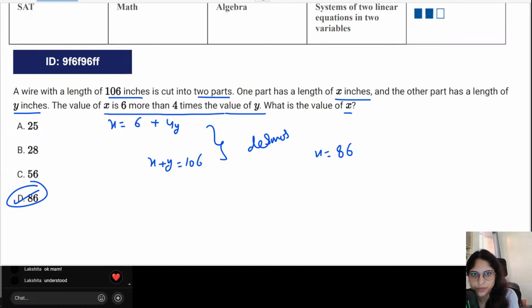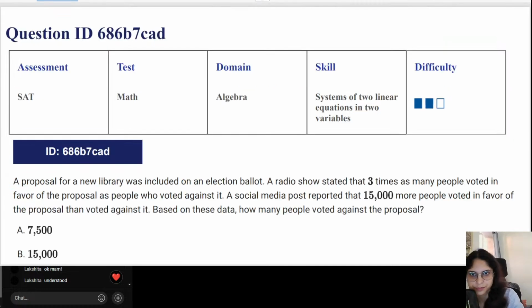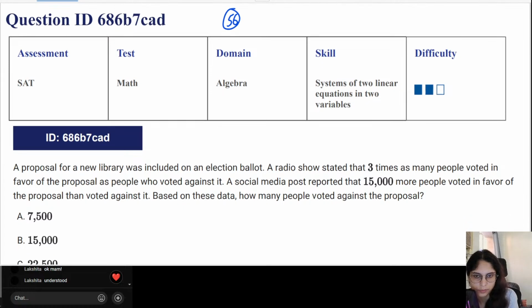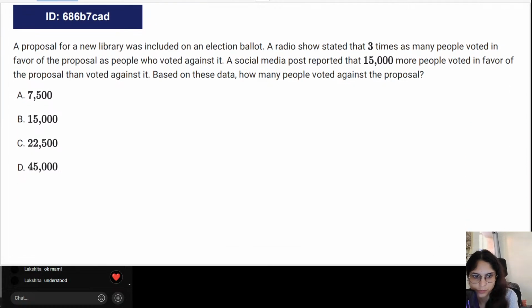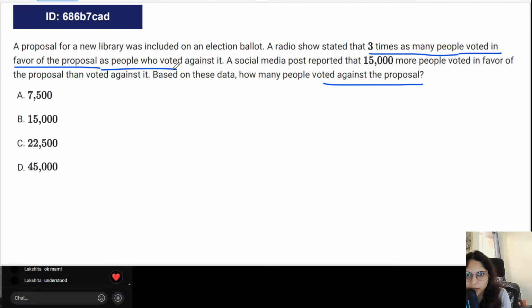The last medium word problem is 56. So how many people voted against the proposal? 3 times as many people voted in favor of the proposal as people who voted against it.